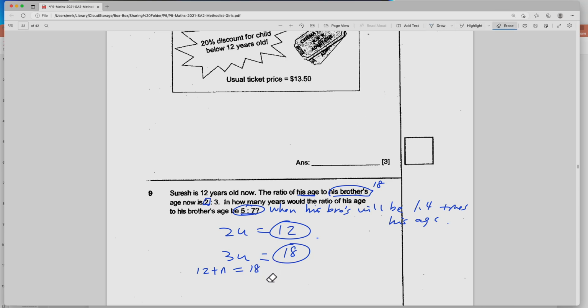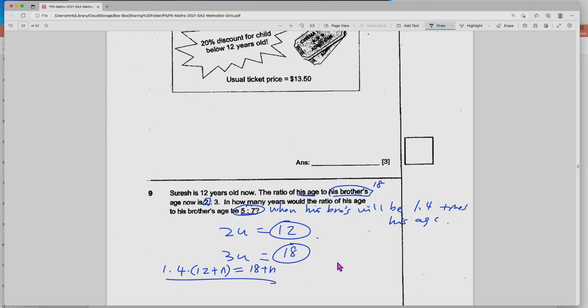Because Suresh grows by n years, his brother also grows by n. So you also need to plus n to the brother. And Suresh times 1.4 will give you this 18 plus n.